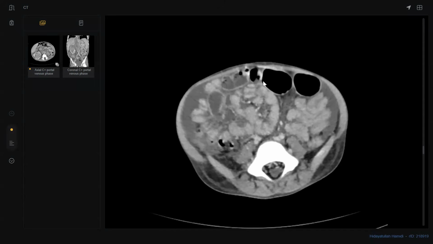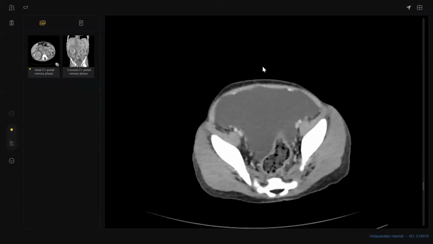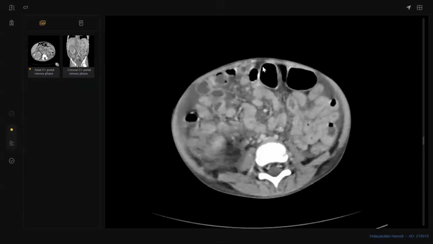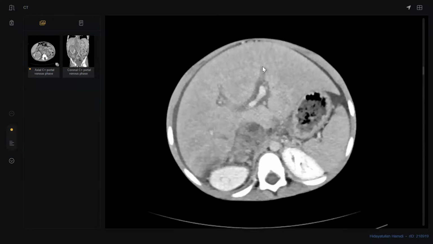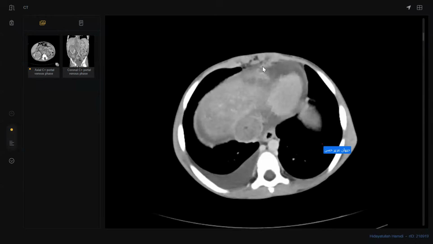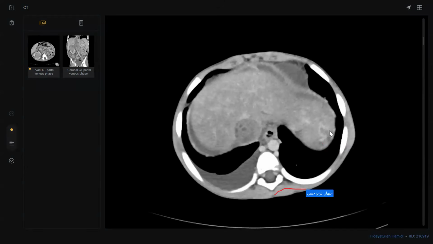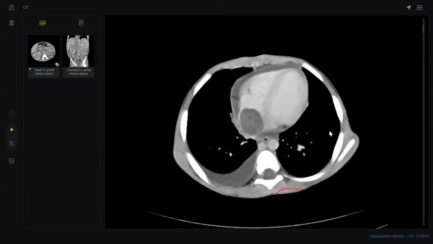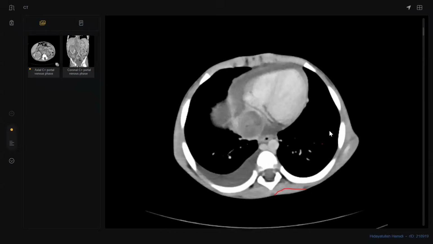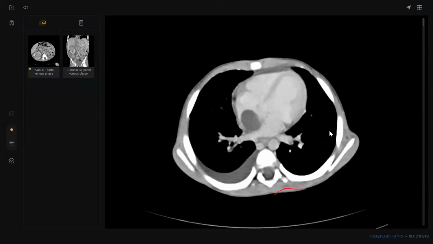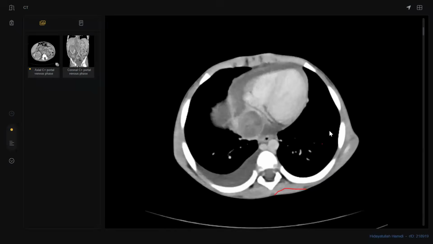However, in the pediatric age group the most common malignant renal tumor is Wilms tumor. So your final diagnosis is Wilms tumor complicated by vascular thrombosis.